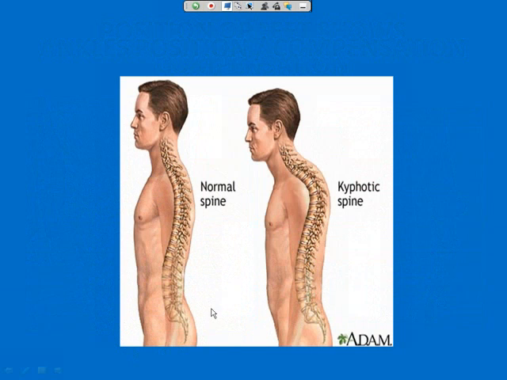Also, I wanted to show you a chart on kyphosis. We see more people in this day and time with thoracic and cervical kyphosis. That's a rounding posteriorly, a curvature, and that causes rounded shoulders. It causes less oxygen to get into the lung area. You can see how the neck goes forward.